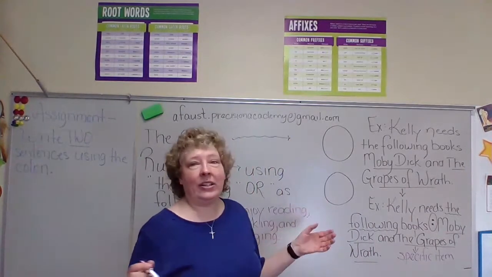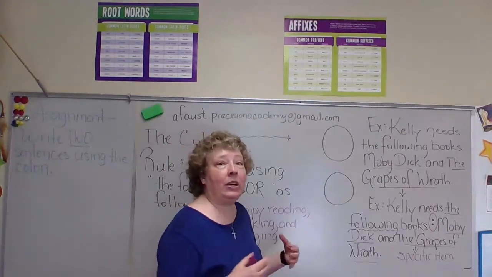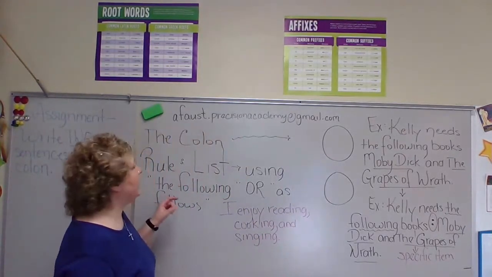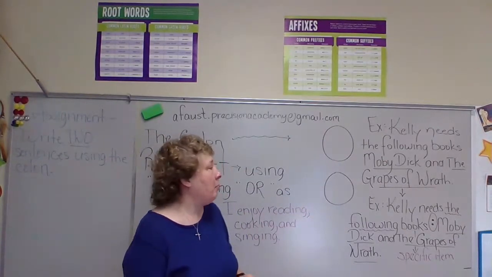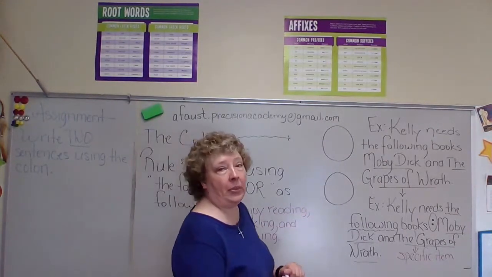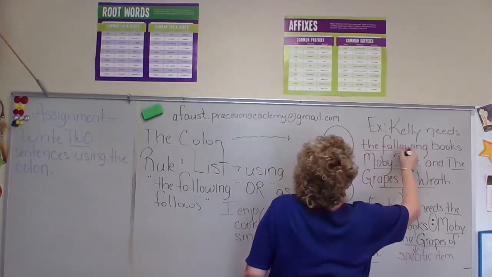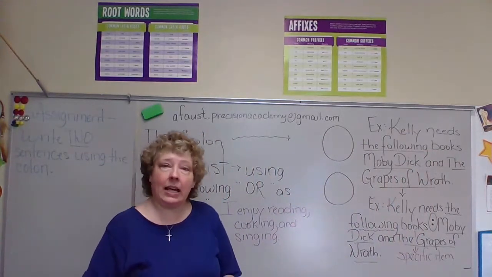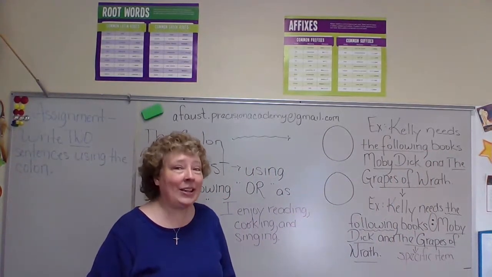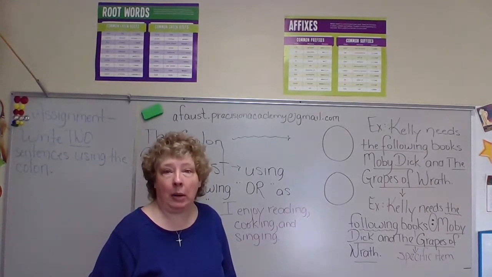So that's our sentence. That does not have the correct punctuation. It does not have the colon, does it? Okay? But we noticed something, didn't we? Right here. The following. So that tells us a colon will be coming up.